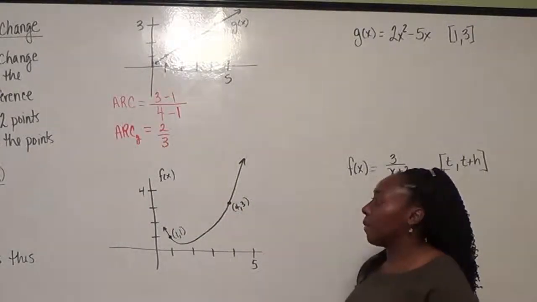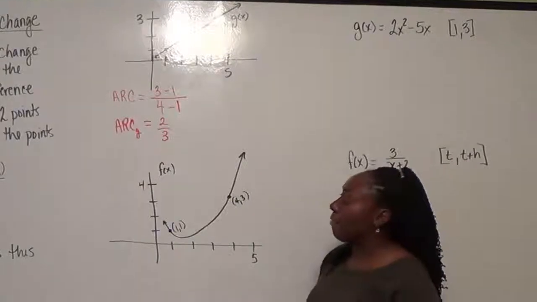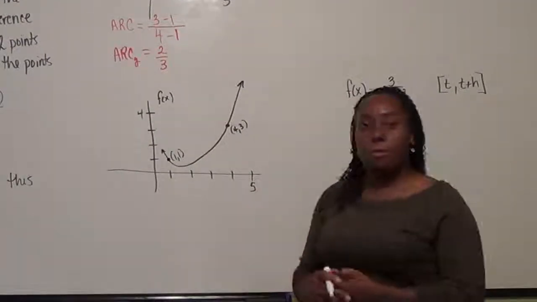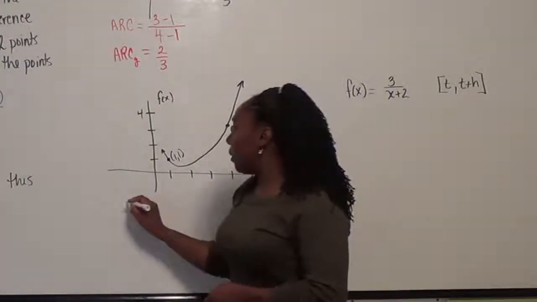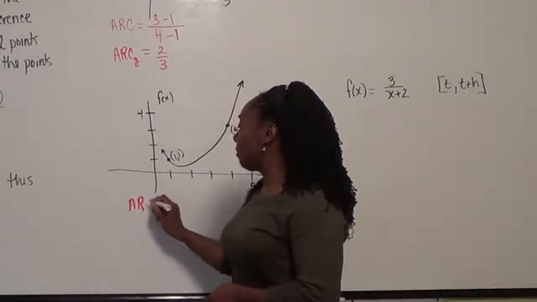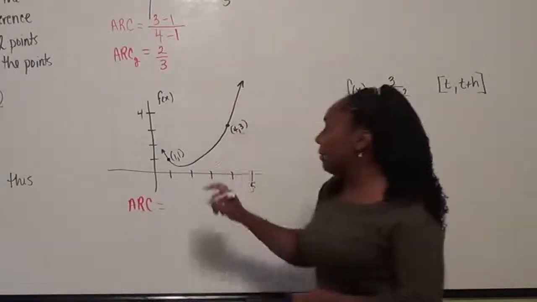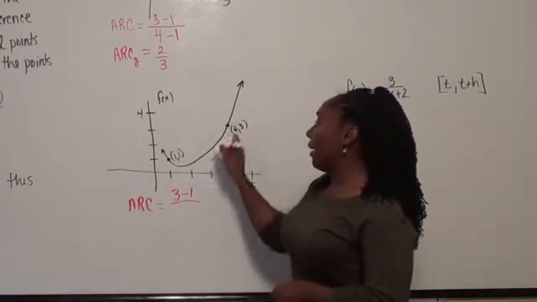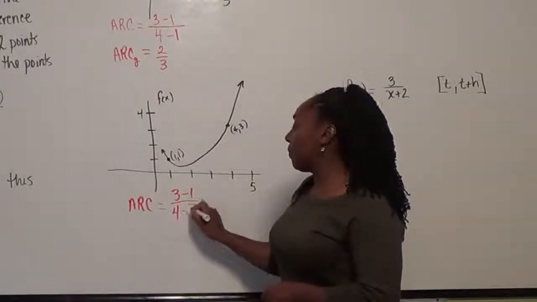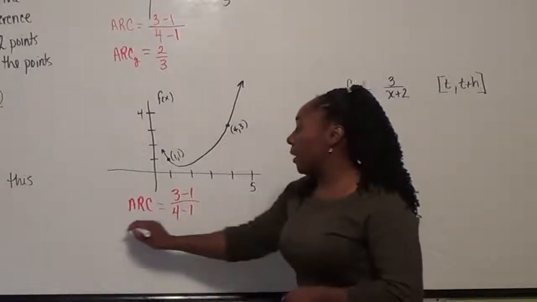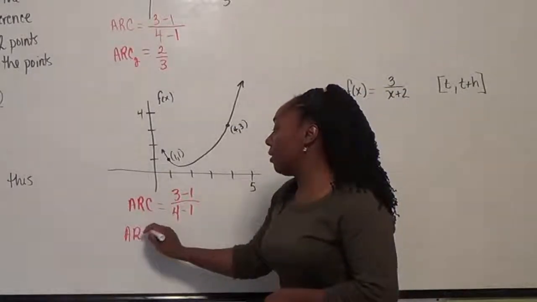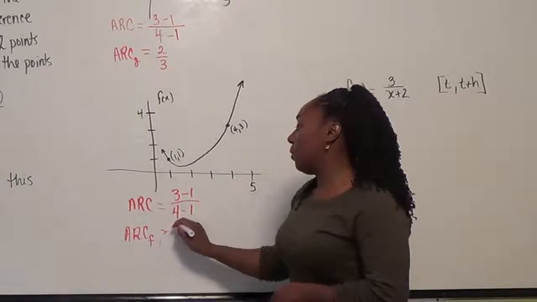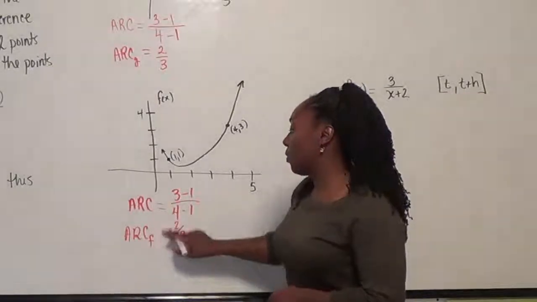Now let's look at the function f. Again, it's clearly a different function, but if we look at the average rate of change, if I look at the y values, 3 minus 1, over the x values, 4 minus 1, I'm going to get an average rate of change for f being also 2/3.